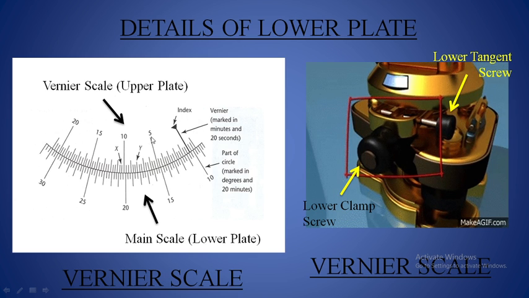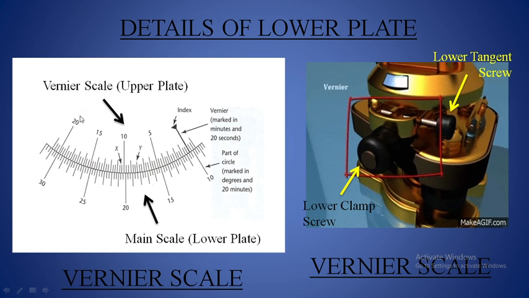These are minutes: the index is 0 minutes, the next one is 5 minutes, 10 minutes, 15 minutes and 20 minutes. The vernier scale is graduated from 0 minutes to 20 minutes.